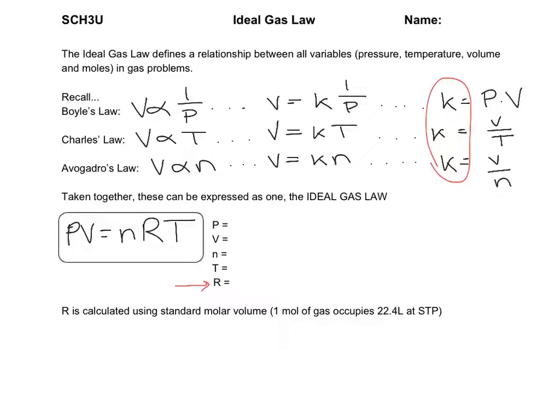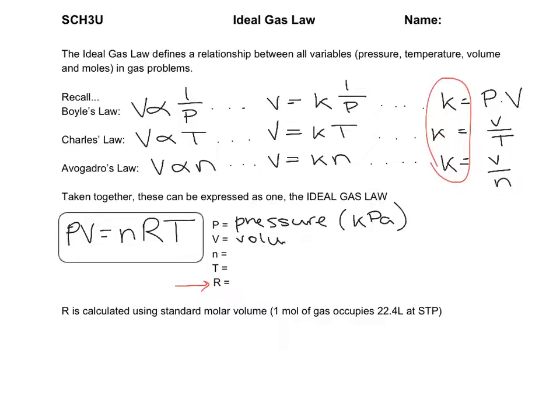And remember, that R value is really just the K. So looking at all these variables, we have pressure. Pressure for our ideal gas law, we are always going to measure in kilopascals. The reason is that you're going to use the 101.3 kilopascals to calculate our R value. If you're going to use any other unit of pressure, you would of course have to recalculate that R value.